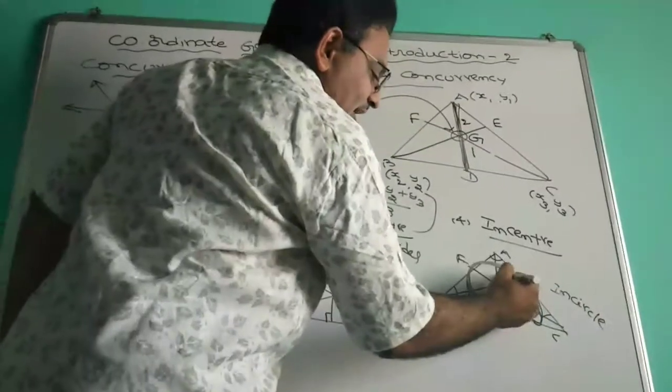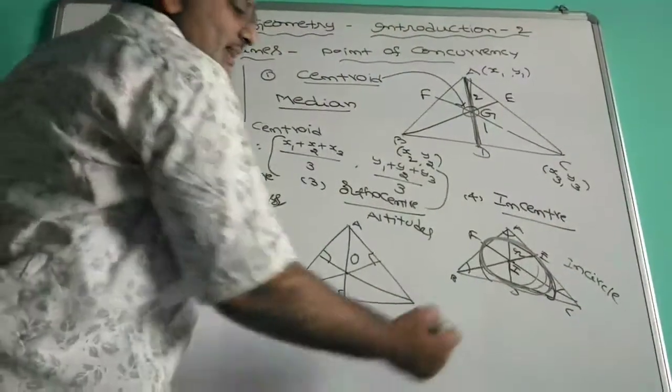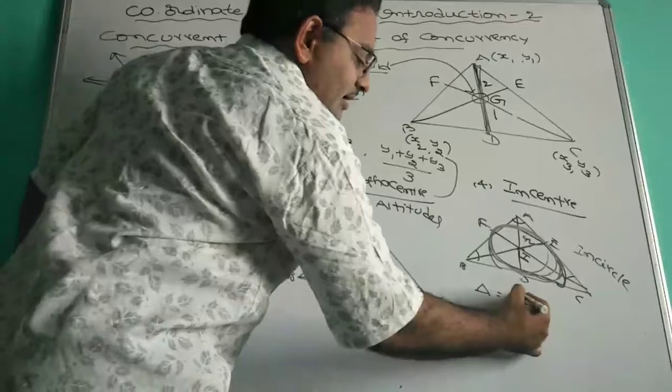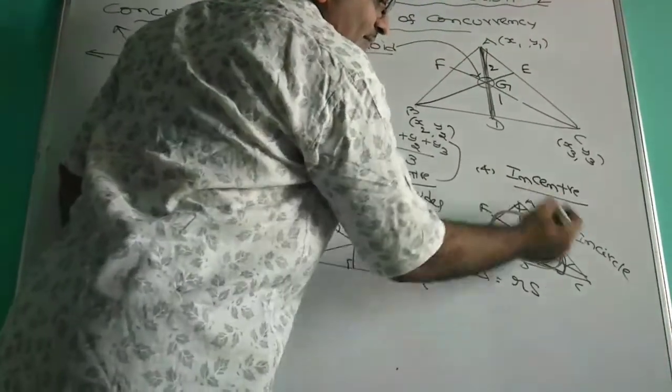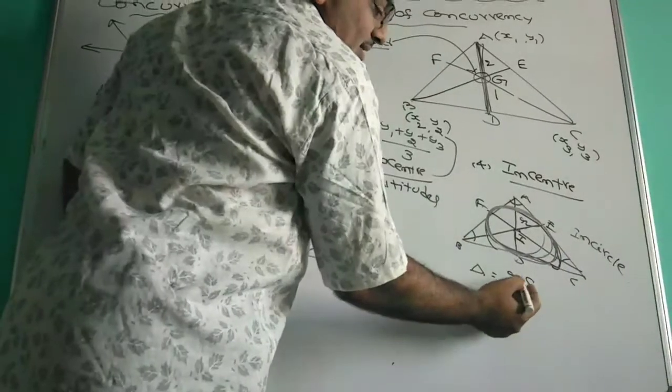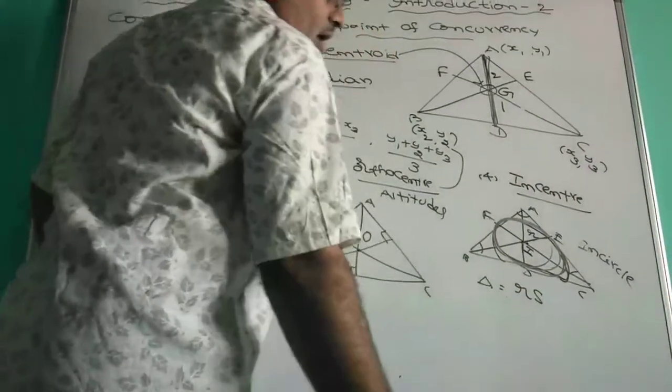If you take this radius as r, then the area of the triangle with the help of the inradius is delta equal to rs.